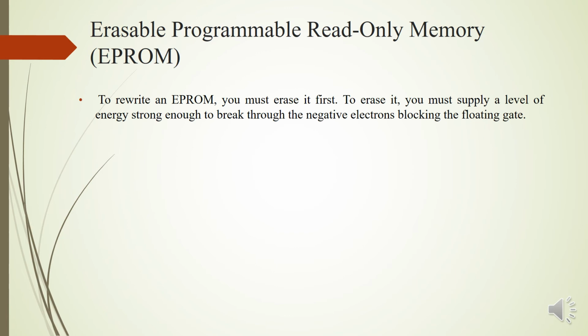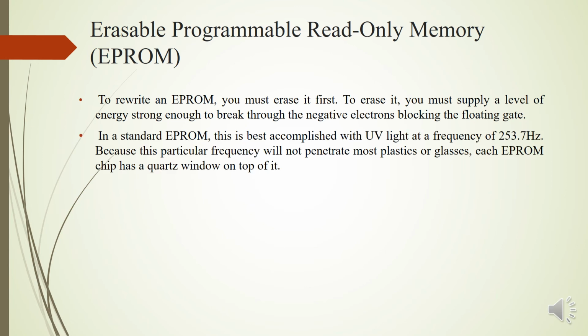To rewrite an EPROM, you must erase it first. To erase it, you must apply a level of energy strong enough to break through the negative electrons blocking the floating gate. In standard EPROM, this is best accomplished with a UV light at the frequency of 253.7 Hz.